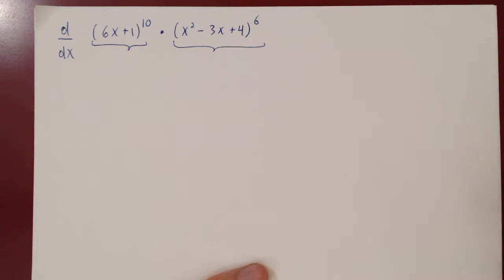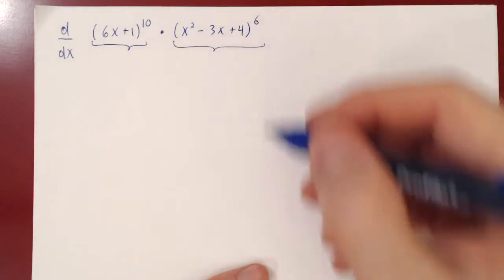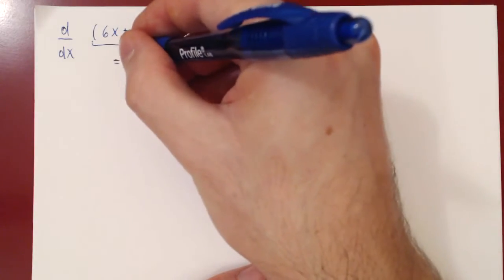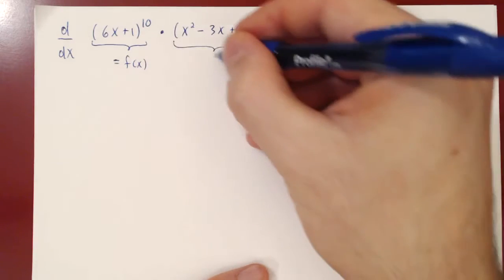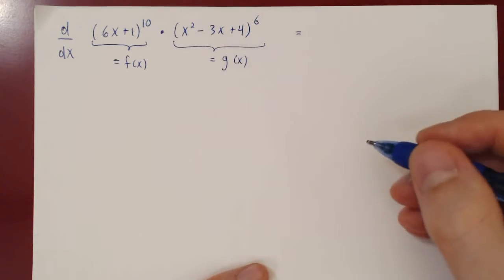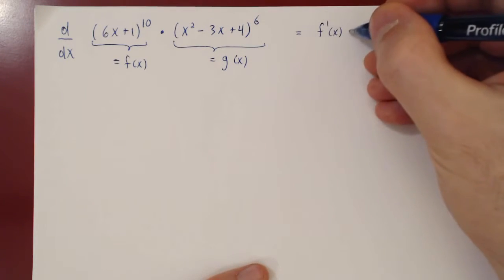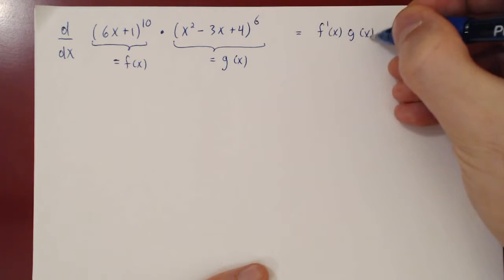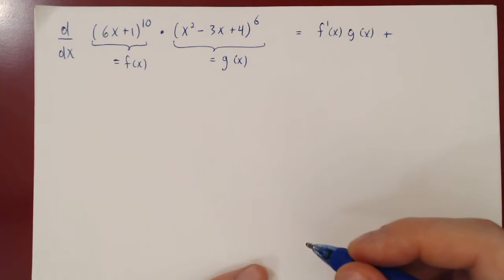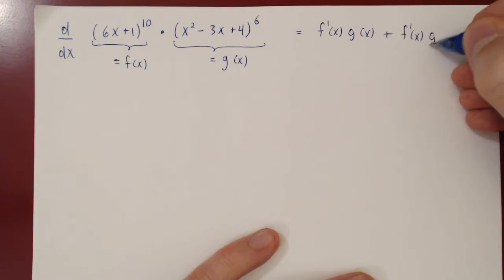And if you remember, the product rule says all you need is a derivative of the two individual functions. If you call this f of x, and you call this g of x, the product rule says that this will be the derivative of the first function times the second function, plus, and now we flip the role of the derivative, so plus the first function times the derivative of the second.